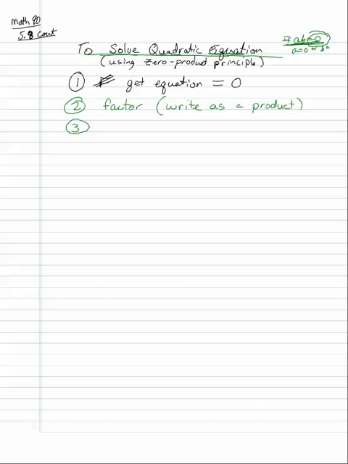So here we're going to apply the zero product principle. So you're going to factor, now you're going to set each factor equal to 0, separately, right? And solve.